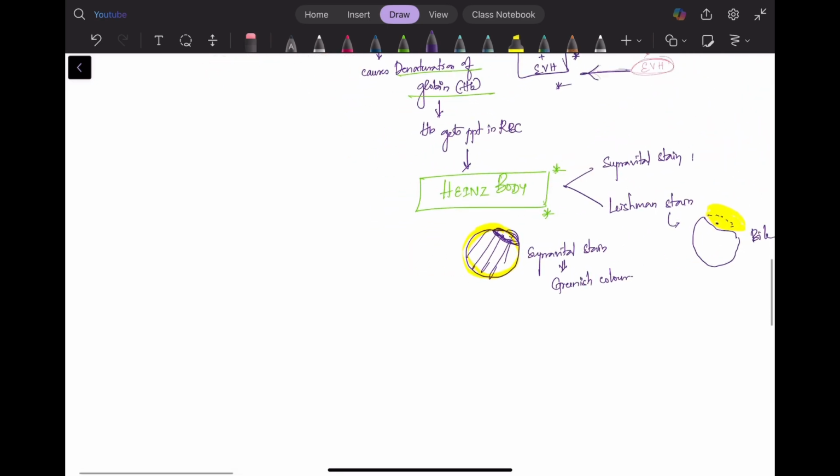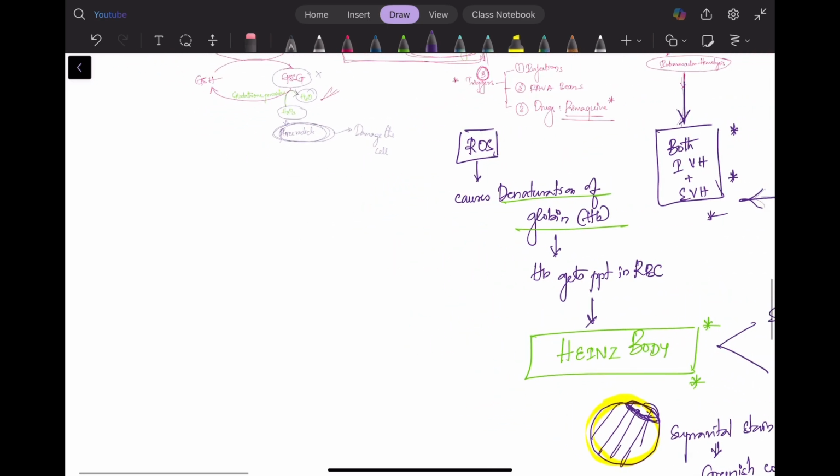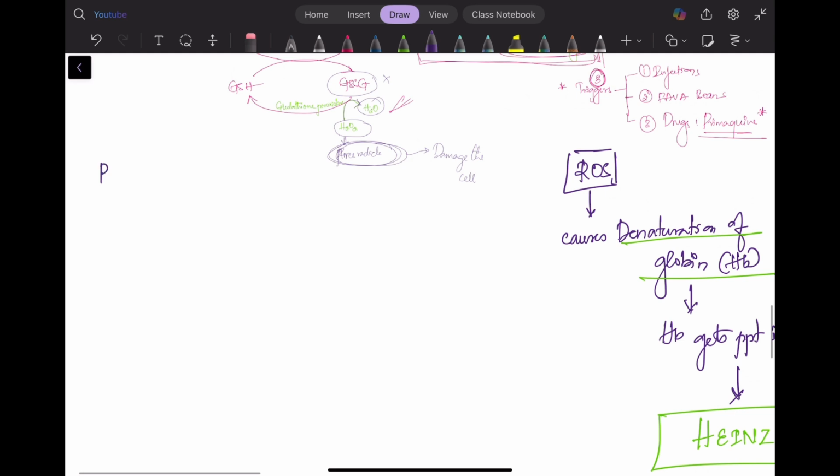So what is the use? Let's come to the patient in the OPD. Okay, patient, come inside. These will usually be a poor man with a trigger factor, plus, very important, episodic hemolysis.